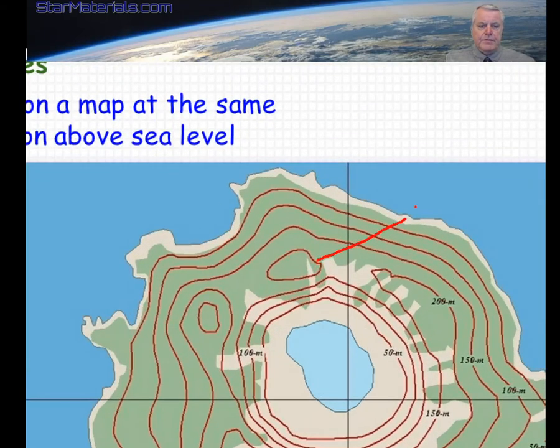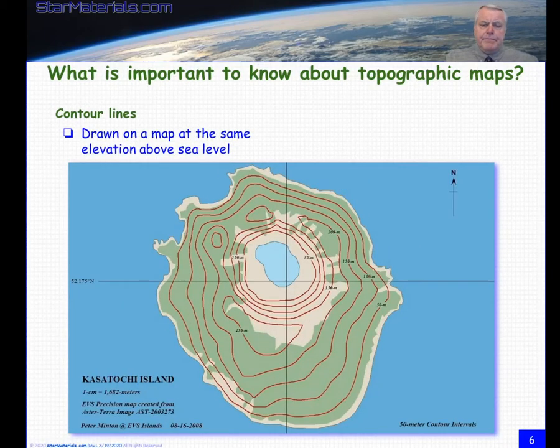So this one's 200. This is 150. This one's 200. This one's 250. So by knowing how the lines are put on the map, we can tell how high something is relative to sea level.